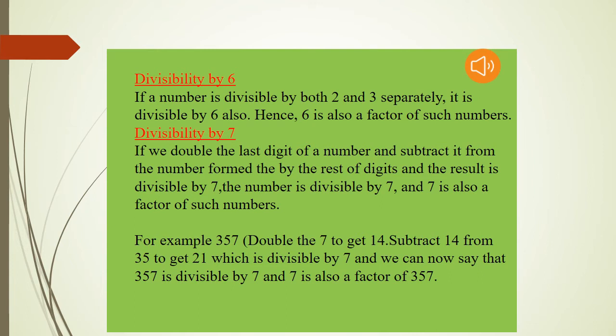For example, 357. Double 7 to get 14. Subtract 14 from 35 to get 21, which is divisible by 7, and we can now say that 357 is divisible by 7 and 7 is also a factor of 357.